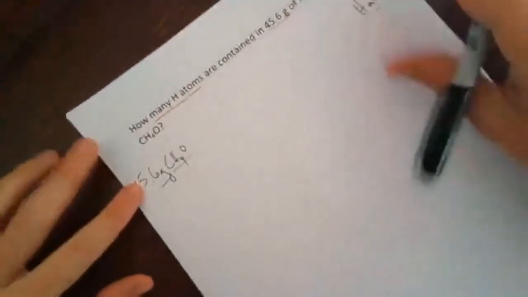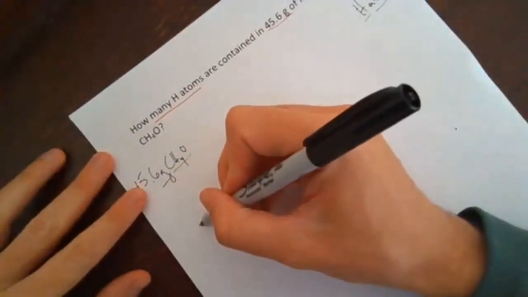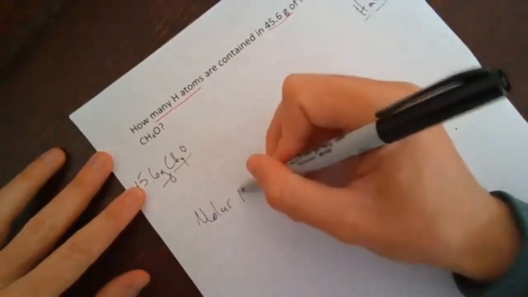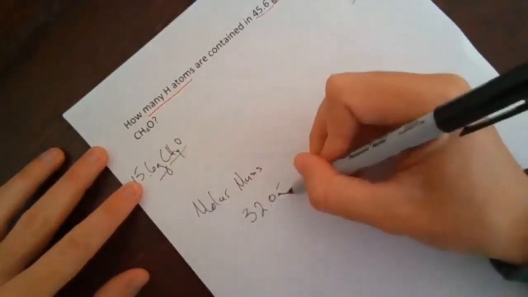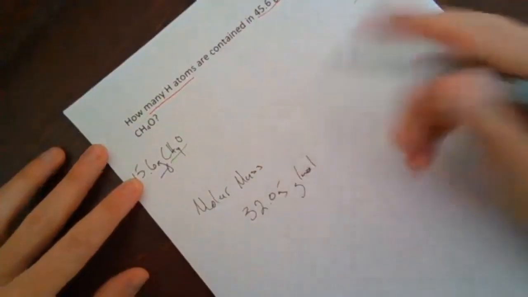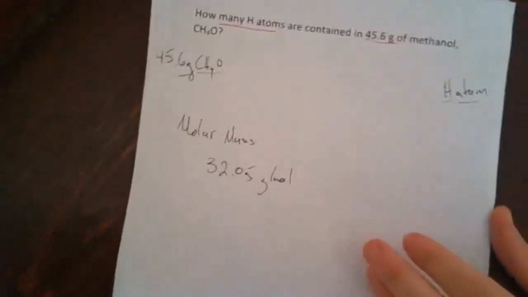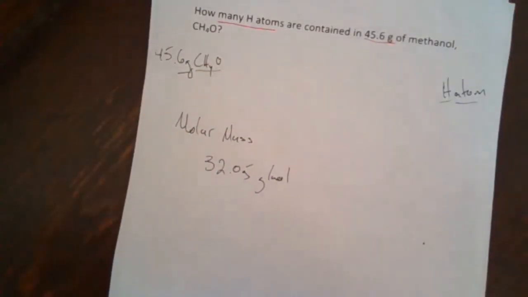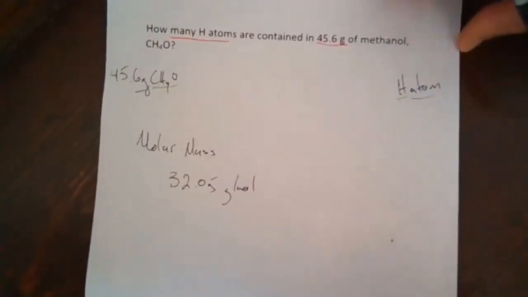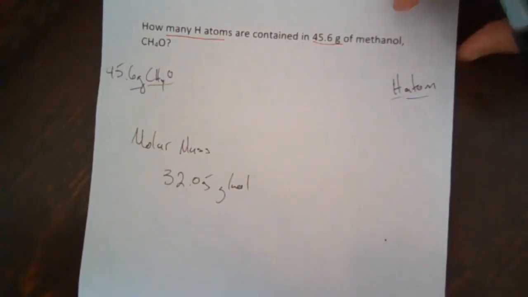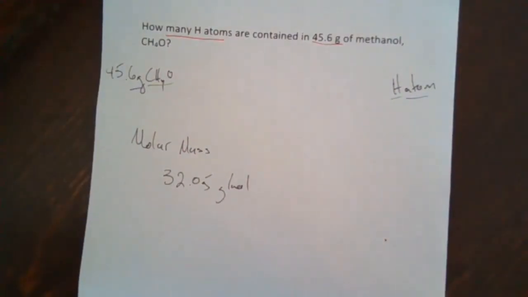So in this case, the molar mass, I looked it up, calculated it, was 32.05 grams per mole. Along those lines, in the last set of videos there was a lot of me calculating the molar mass or asking you to calculate the molar mass. As we move into more complicated problems, I'm not necessarily going to ask you to calculate it, I'm going to give it to you a lot more.